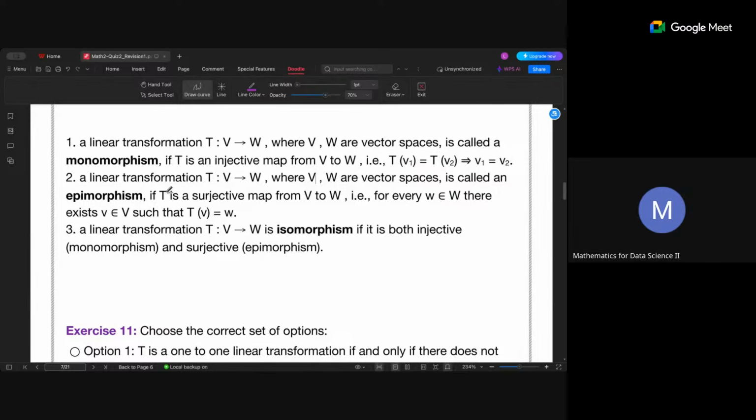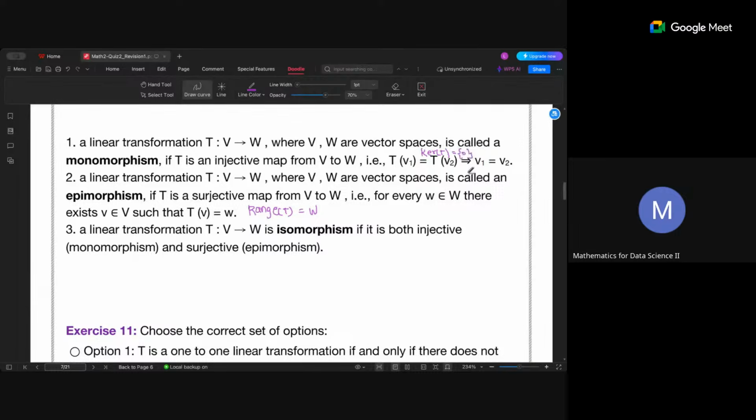In short, in this case, the range of T is your entire W. And for an injective map, your kernel is 0. Isomorphism means both these conditions are true.